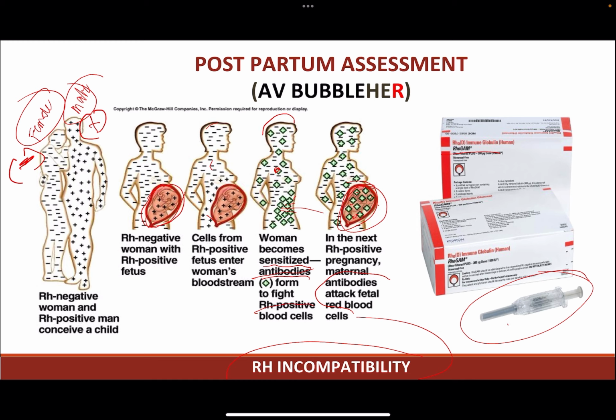If that happens, the antibodies enter the fetus to attack the fetal red blood cells, and it can lead to the death of your fetus. So the doctor will order RhoGAM to prevent the antibodies of the mother from attacking the baby.